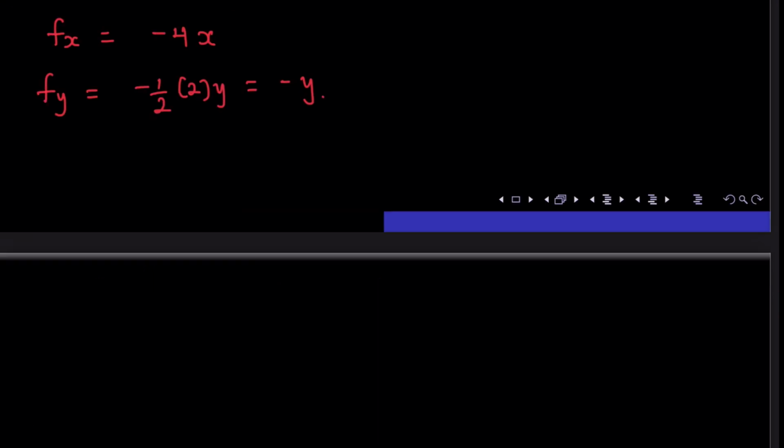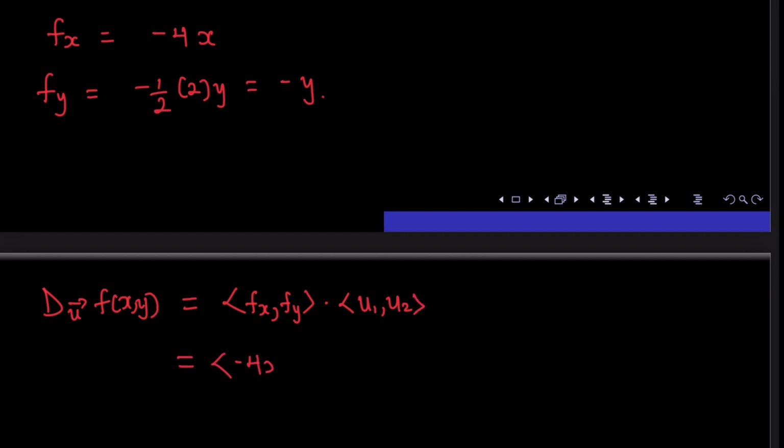So therefore the directional derivative D_u f of x, y is defined as the gradient vector dotted with the unit vector. So here we will have u1, u2, and we have the gradient vector as minus 4x, minus y, and we have our unit vector to be root of 2 on 2, root of 2 on 2.